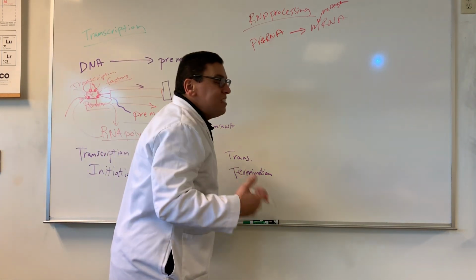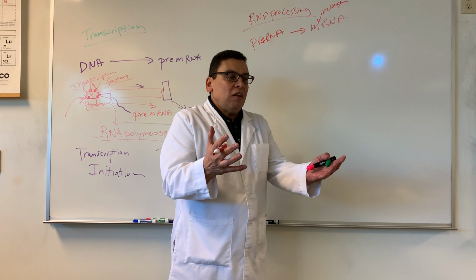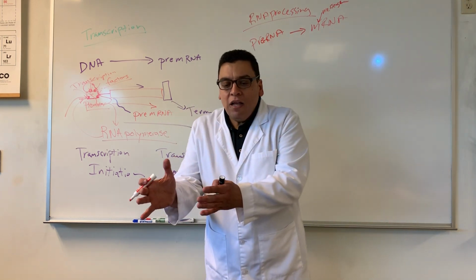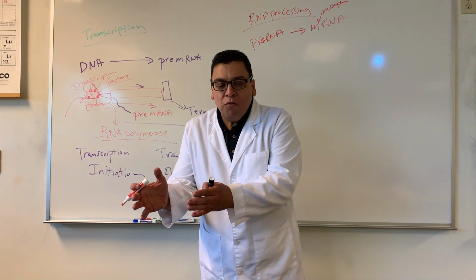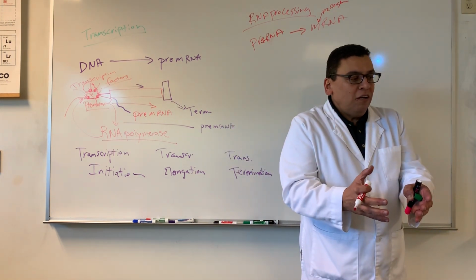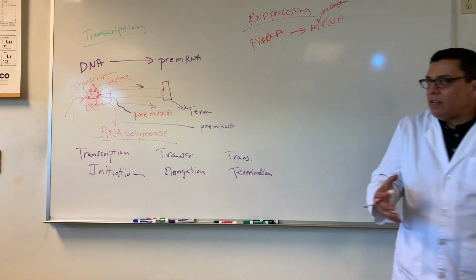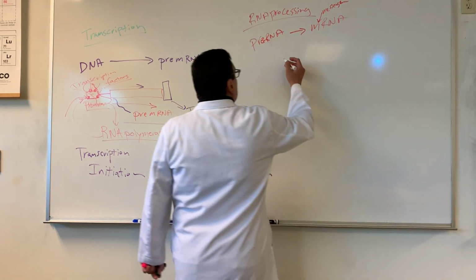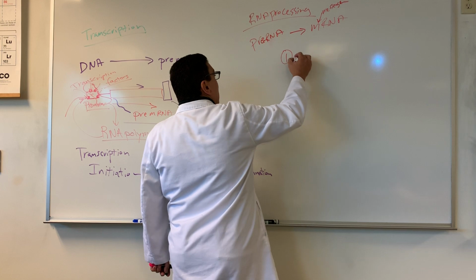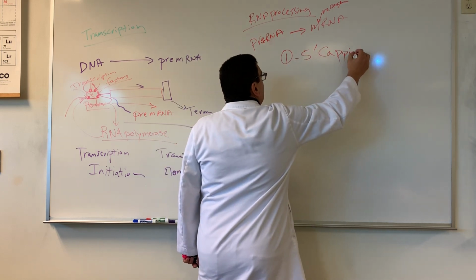Okay, what are the processing events? It's sort of like a chocolate factory. You make chocolate, and the processing events would include wrapping the chocolate, putting it in the box, whatever, transport, and that's the processing event. Okay, what are the processing events here? It starts out with something called 5' capping. Please follow me here.